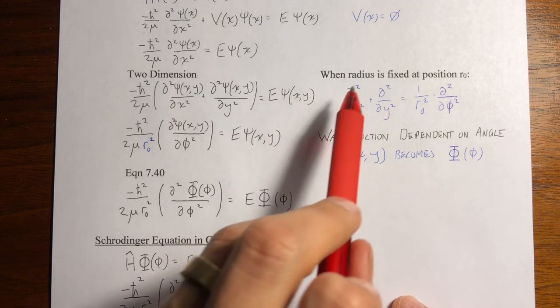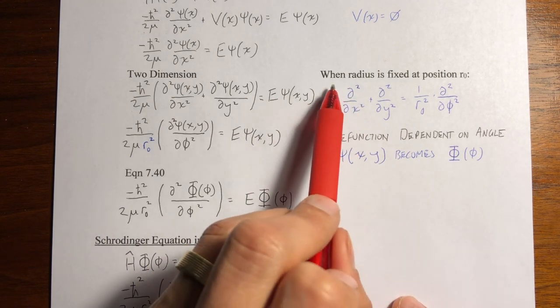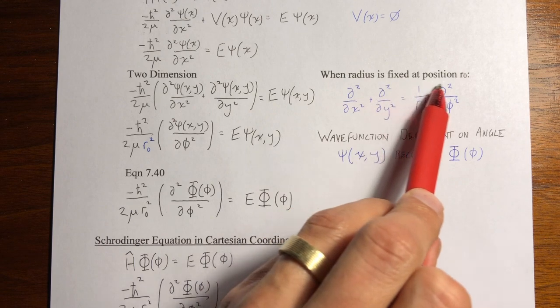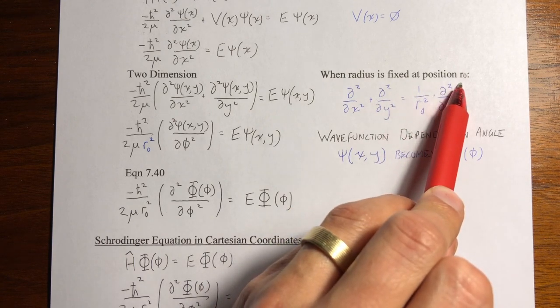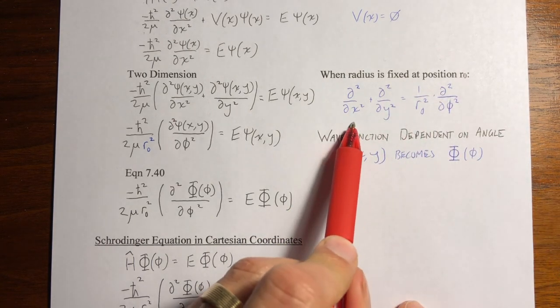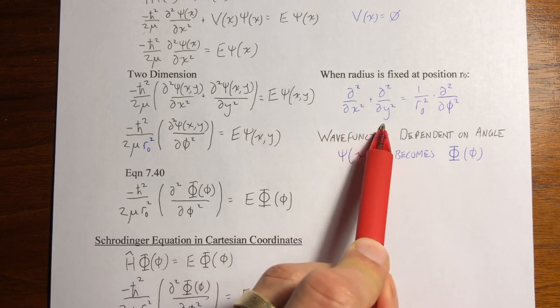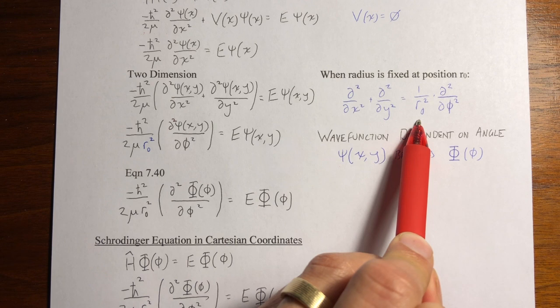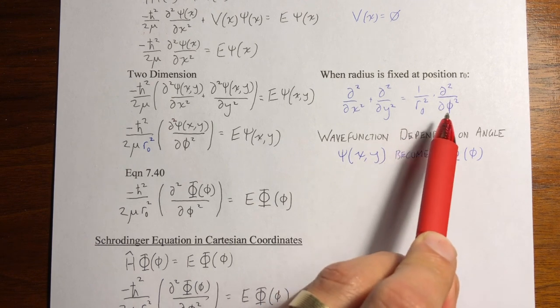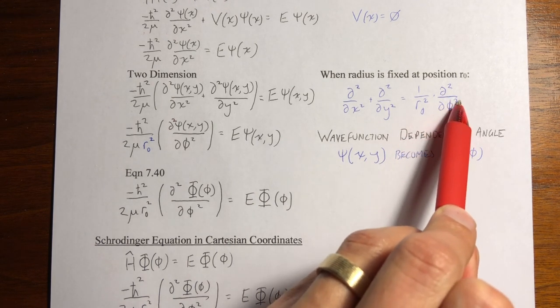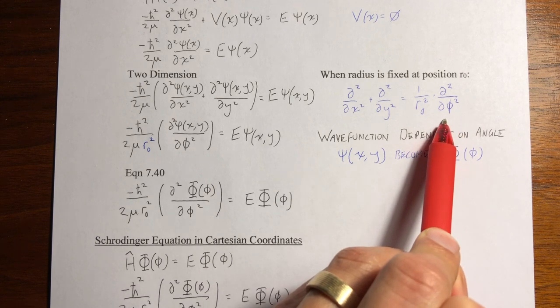And we can make a substitution given this known expression here. When radius is fixed at position r sub 0, the second derivative with respect to x plus the second derivative with respect to y is going to be equal to 1 over radius squared times the second derivative with respect to phi, our angle.